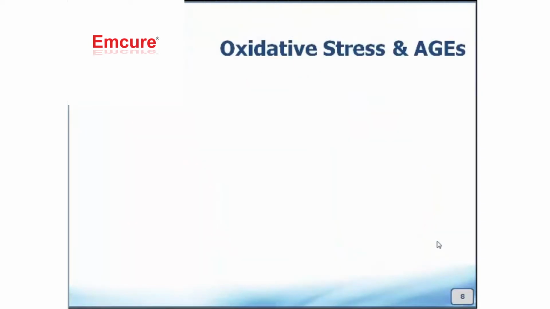But before we understand CAD, CVD and PVD in detail, let us also see what is the underlying cause behind these macro or microvascular complications. Now, there is a term called oxidative stress and AGEs, that is advanced glycation end products. Oxidative stress, you must have definitely heard this terminology, but let us understand today in detail what it is.